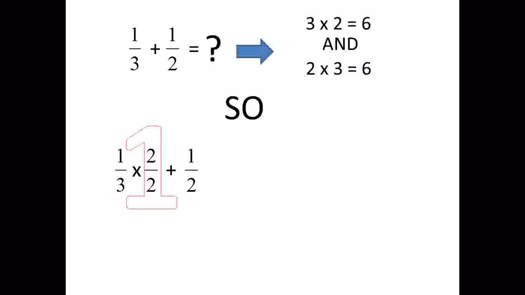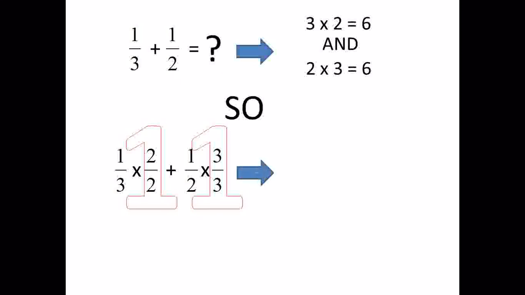Now I'm going to go to my 1/2. If I multiply my 1/2 by 1, my big 1, I still get 1/2. I'm not changing it. I might change the way it looks, but I'm not changing it. And I can say that 1 is the same as 3 divided by 3.